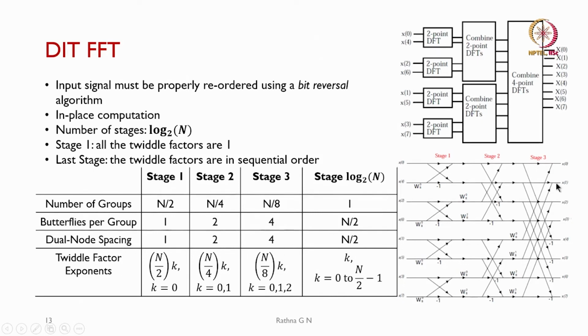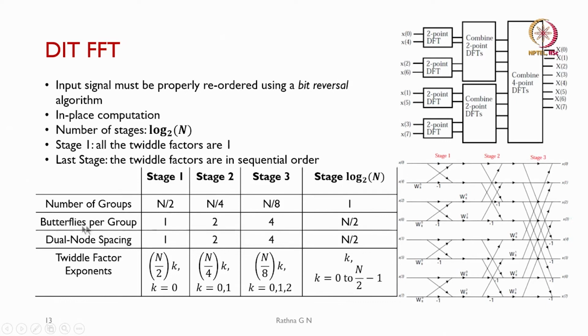You will see that this is one butterfly, second, third and then fourth butterfly. In the last stage, log to the base 2 of n, we will have n by 2 butterflies. If n is equal to 16, then it is going to be 8 butterflies in the last stage.